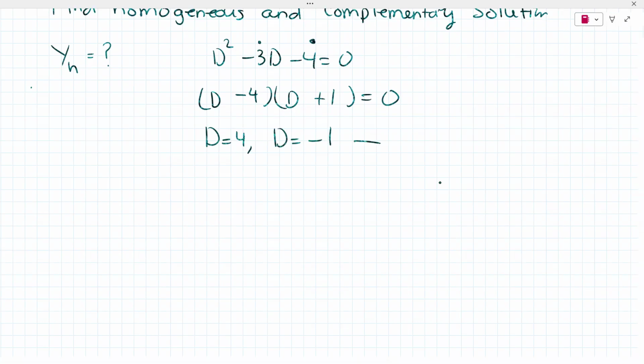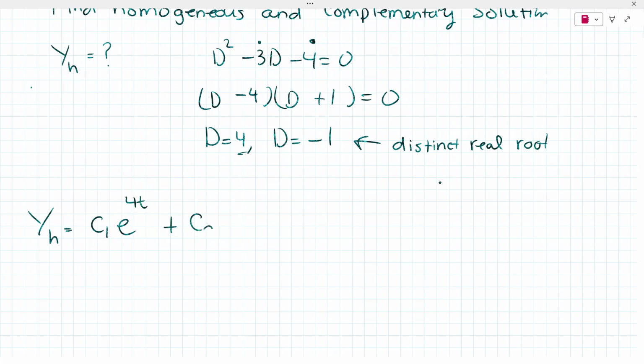And these are your distinct real roots. So your y of h is going to be C1 e raised to the, so one of our D is 4, so it's going to be 4t, plus C2 e, and then one of my D is -1, so that's -t.